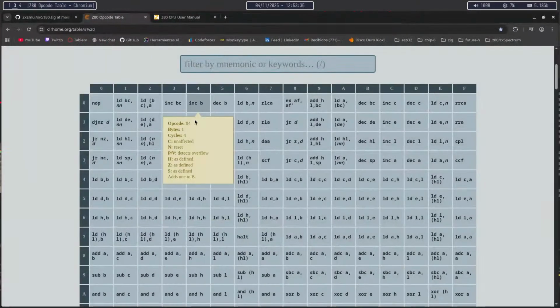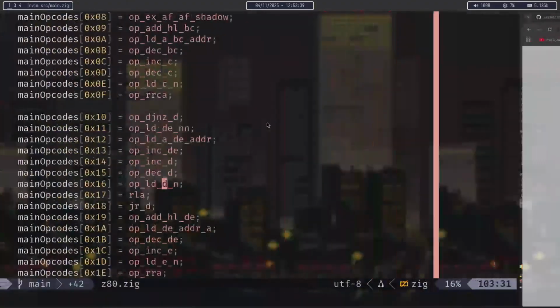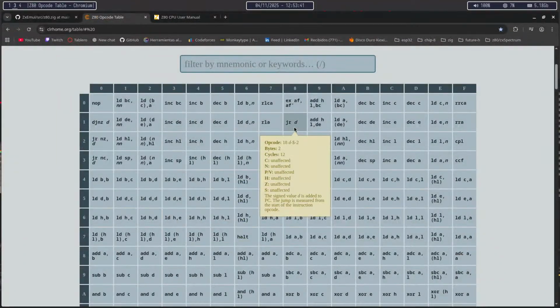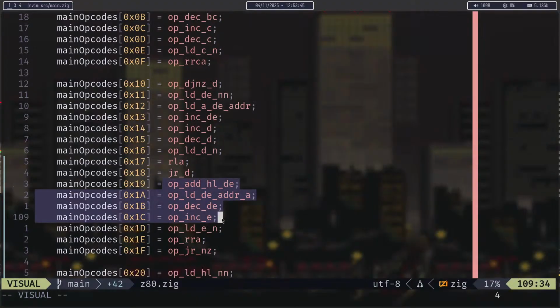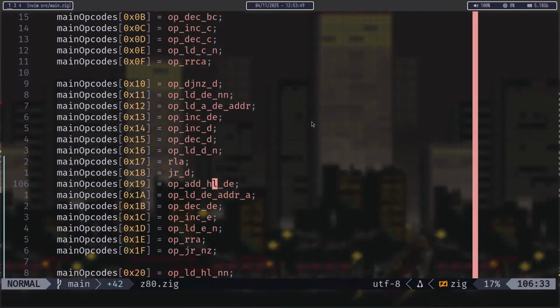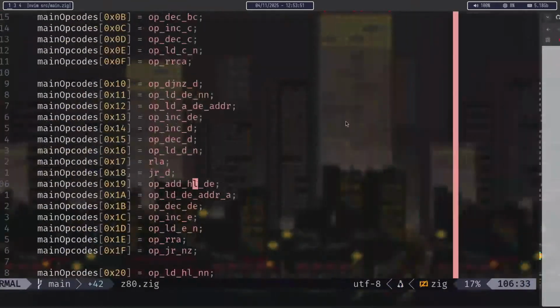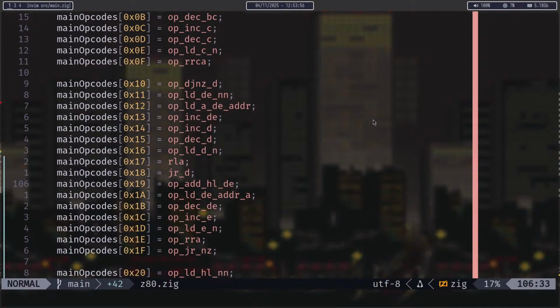Alright, so the next one is LD D N, which is 16, 17, 18, 19. Add HL DE, yep. Then this as well. Dec DE.